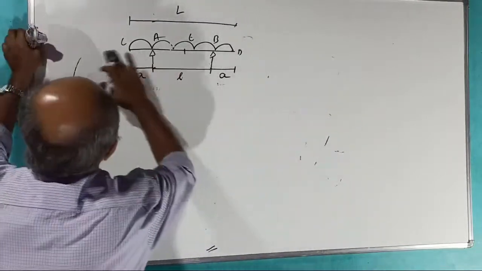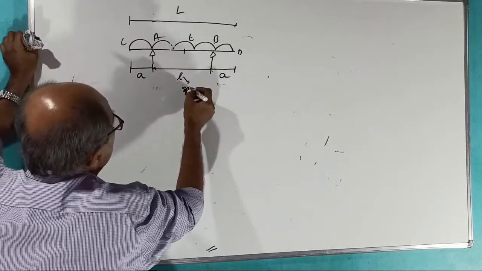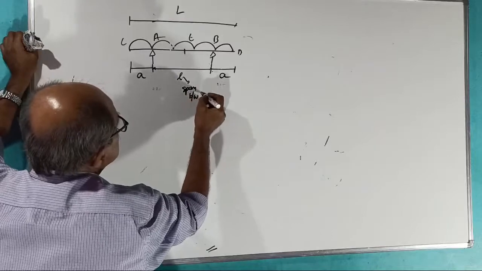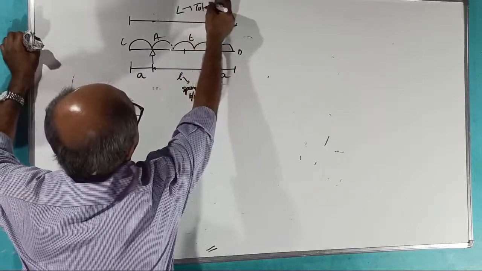See, a simply supported beam of span l, where l is the span between supports and capital L is the total length.